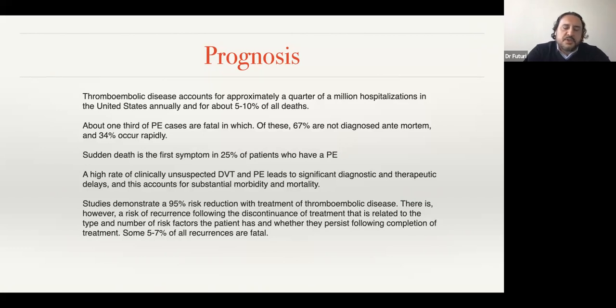Studies demonstrate that there's about a 95% risk reduction when you treat thromboembolic disease rapidly. However, a risk of recurrence following the discontinuation of treatment has been seen, and there are certain risk factors which may increase the risk of recurrence. And about 5 to 7% of all recurrences in these cases can be fatal.